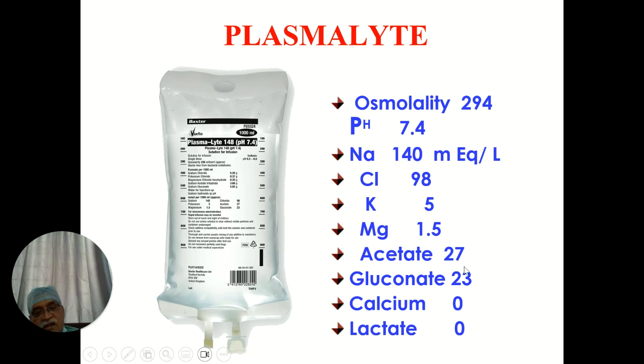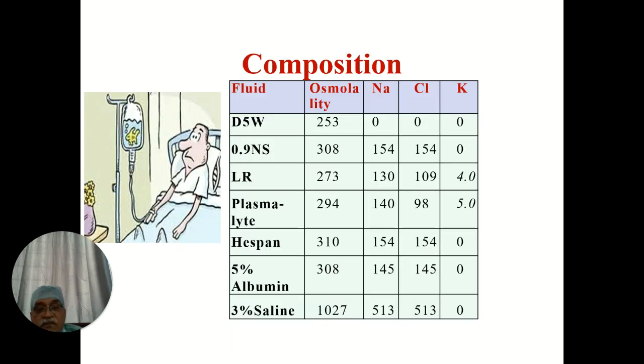So this is the ideal solution to be given as a replacement fluid. It contains acetate, which can be converted into bicarbonate, but it doesn't have calcium. No calcium is there in this.